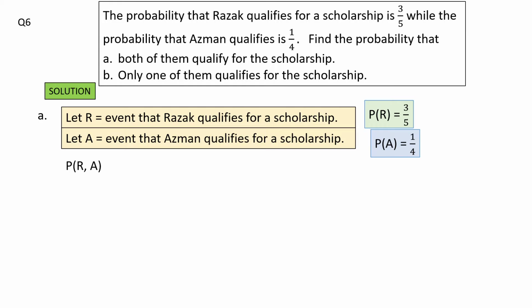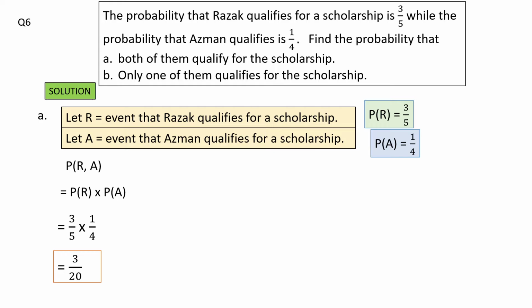It can also be written as probability R times probability A. That means probability Raza qualifies, and you change the 'and' to multiply, probability Azman qualifies, probability A. Now substitute the values and simplify to get the answer.